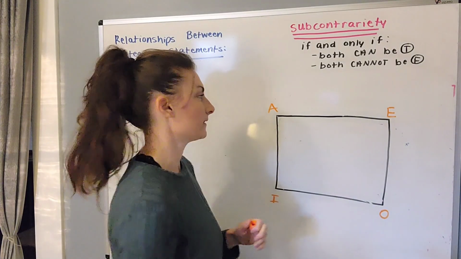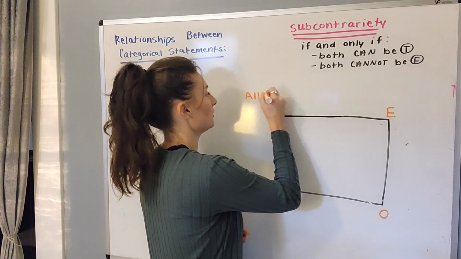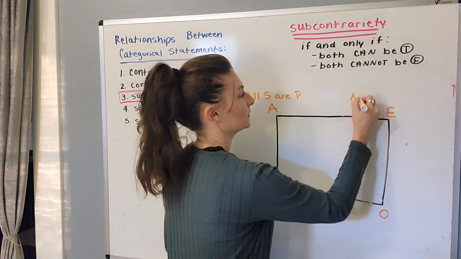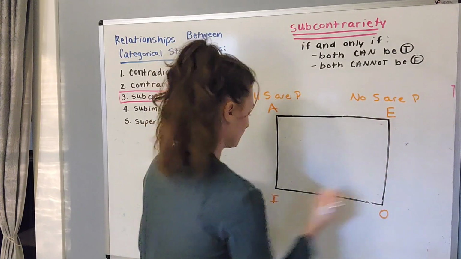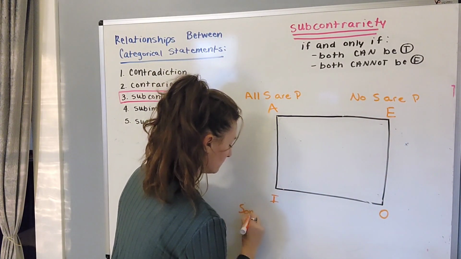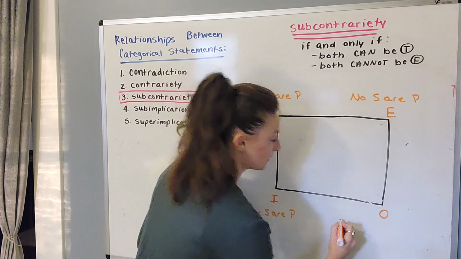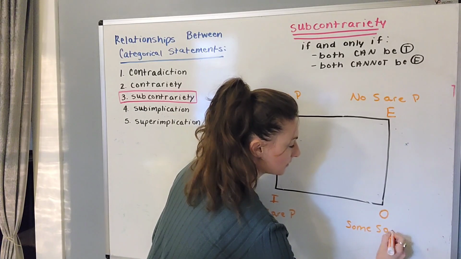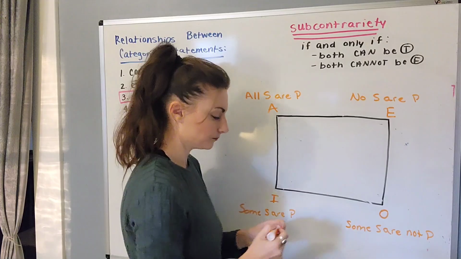Now I'm going to put in my statements. All S are P. No S are P. Some S are P. Some S are not P.